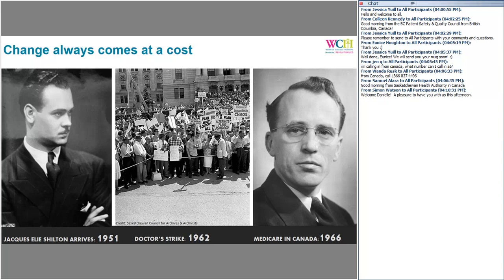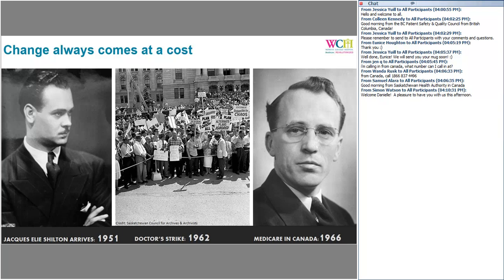And in the middle is a photo of the doctors' strike in 1962 in Saskatchewan, which was the reaction of the physicians of the day when Medicare was brought into place. And so we have a long history of mistrust between organized medicine and government when it comes to the running of our healthcare system that stems all the way back to the very beginning.